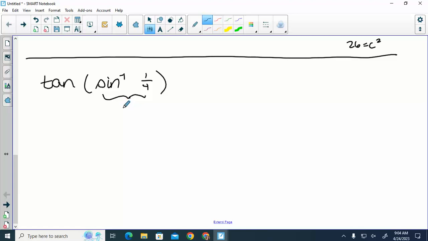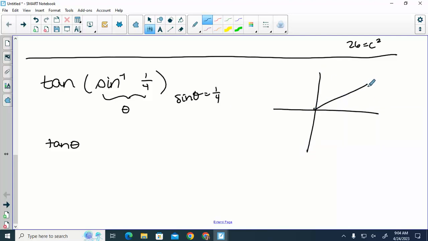This inverse represents an angle. And we have to find tangent of that angle. Do we know when sine is equal to 1/4? No, so we need a triangle. What quadrant would this be in? 1, because it's positive. So sine is opposite over hypotenuse.